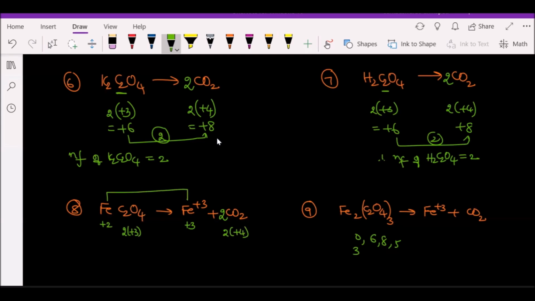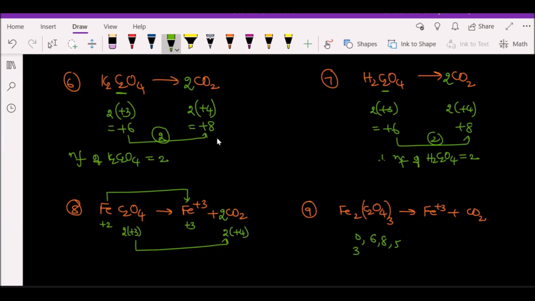Don't expect every time a single element undergoing oxidation or a single element undergoing reduction. From the same reactant, more than one element might be oxidized. In the above 7 examples, only one element was undergoing either oxidation or reduction, but now I changed it.